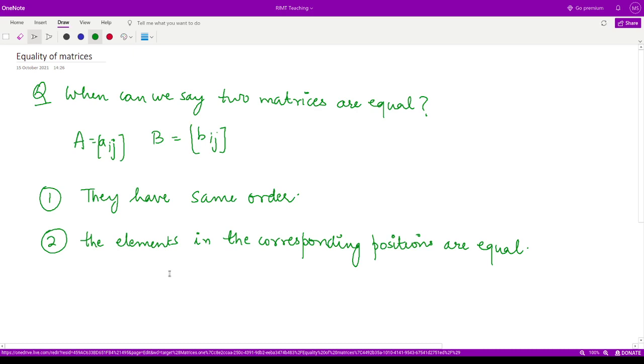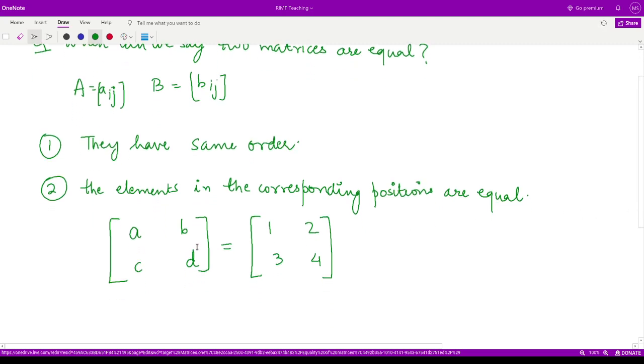For example, suppose I'm saying the first matrix is A, B, C and D. So I'm saying this matrix is equal to this matrix. The matrix is 1, 2, 3, 4. Now according to this, I'm saying the first matrix is equal to second matrix.